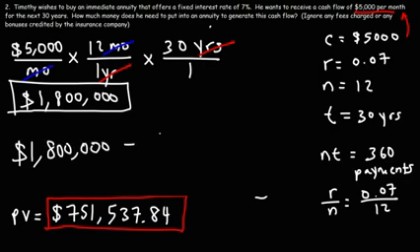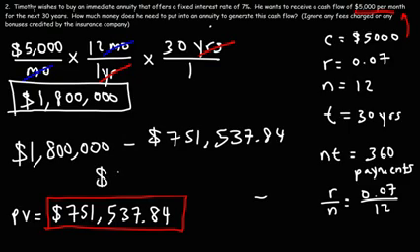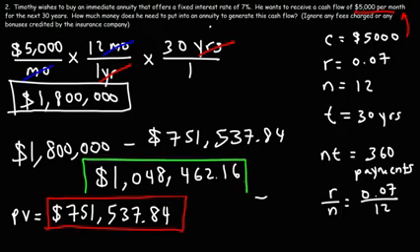So if we take this number and subtract it by $751,537.84, he's receiving $1,048,462.16. So this is the amount of money that he's receiving in interest over the course of 30 years.